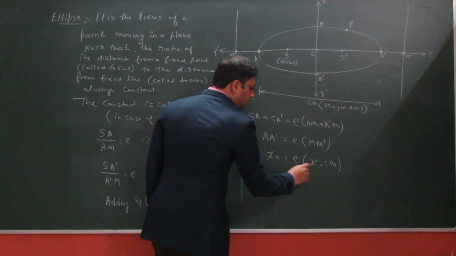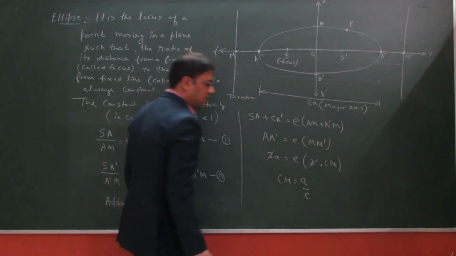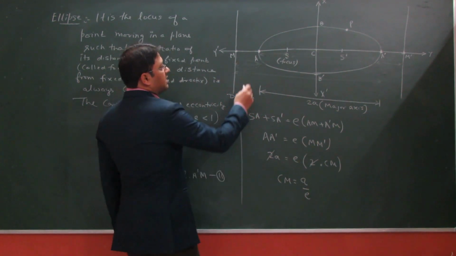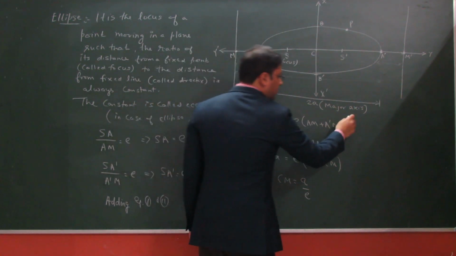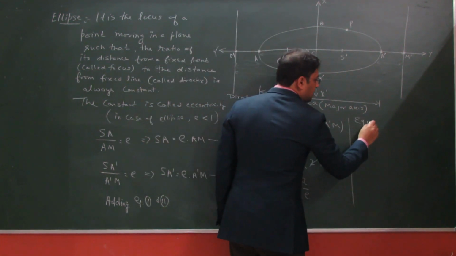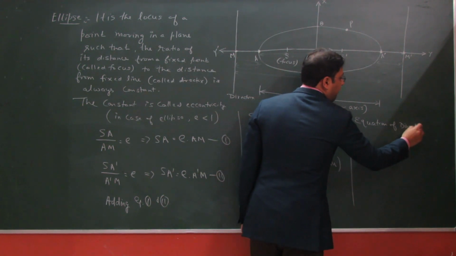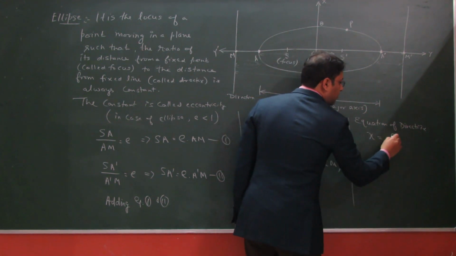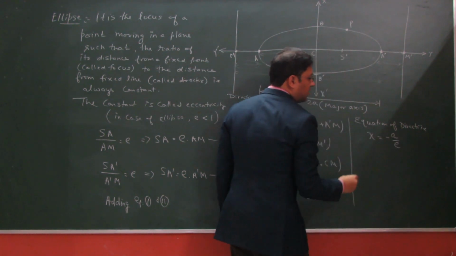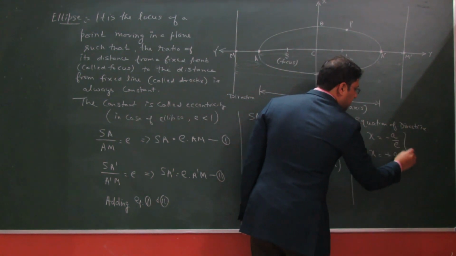We can cancel out 2 and we get CM is equal to a by e. So this distance CM is a by e. That means the equation of the directrix stands out to be x equal to minus a upon e and x equal to plus a upon e.